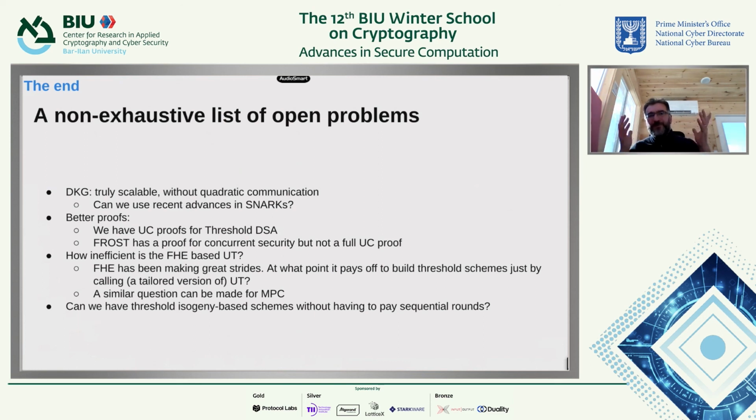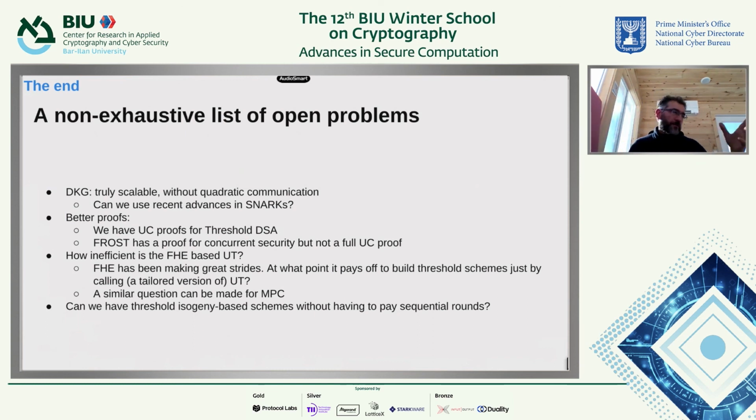So we have this really beautiful result about the FHE-based universal thresholdizer, but is it theoretical? Is it practical? FHE has been making great strides, and at what point does it pay off to say, forget trying to build threshold DSA from scratch.